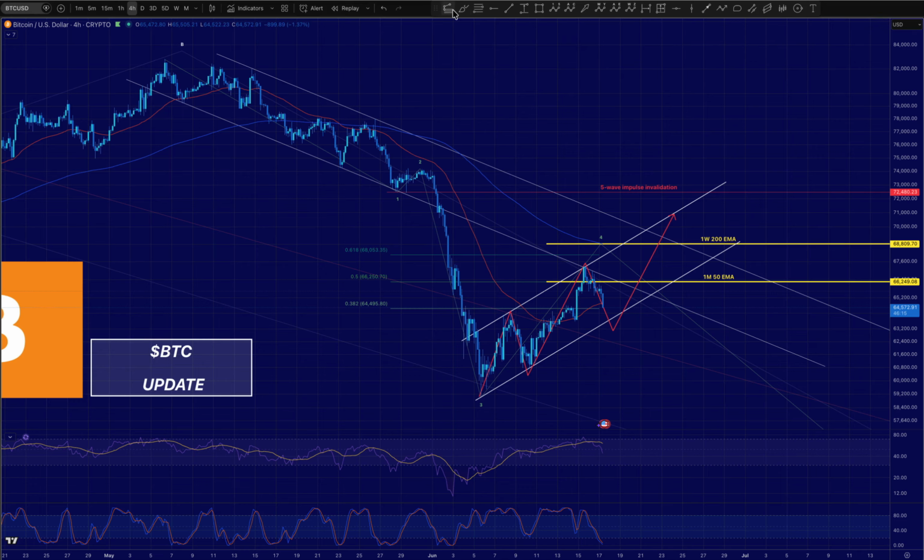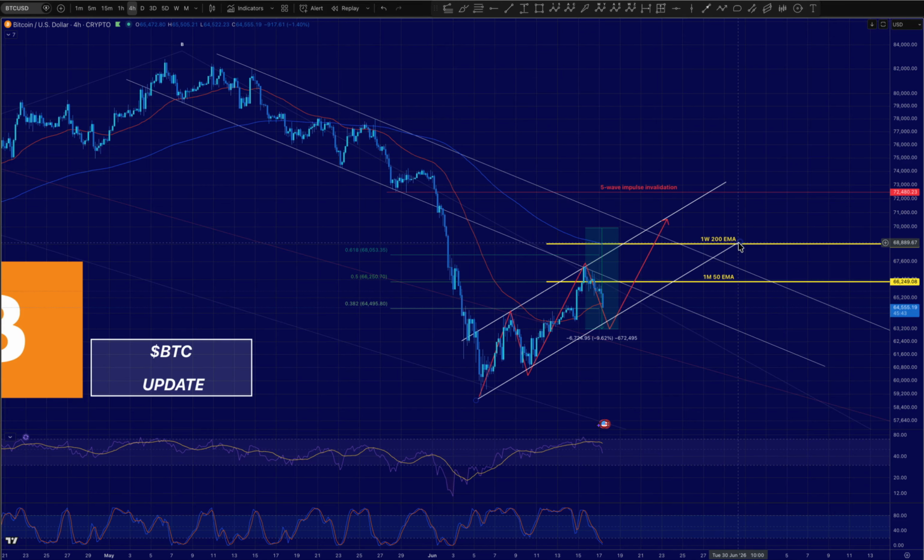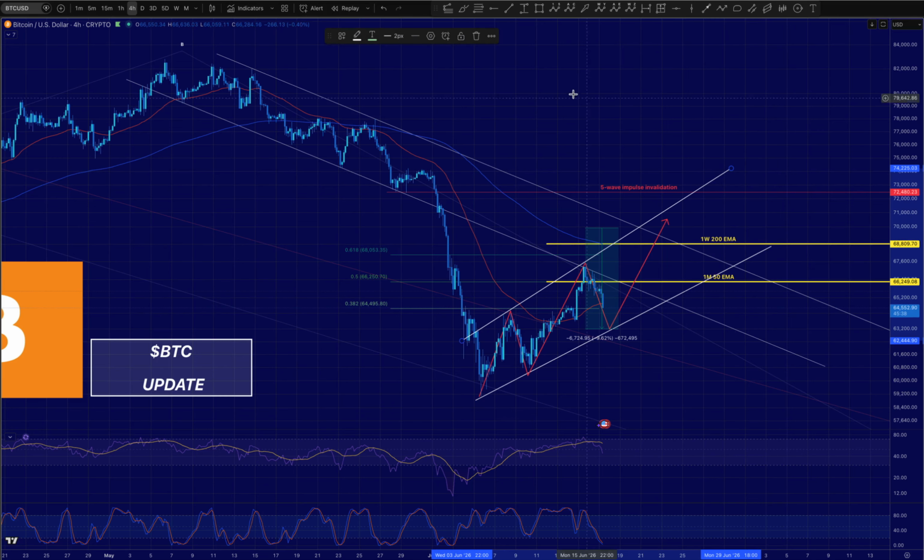So if this was wave 2 length, this current wave 4 length would have to go at least to the same length or a bit below, right? And this wave 5 length, this right here, should be then longer than wave 3. So wave 5 should be longer than wave 3. So the structure should look something like this, with a channeling structure, something like this.